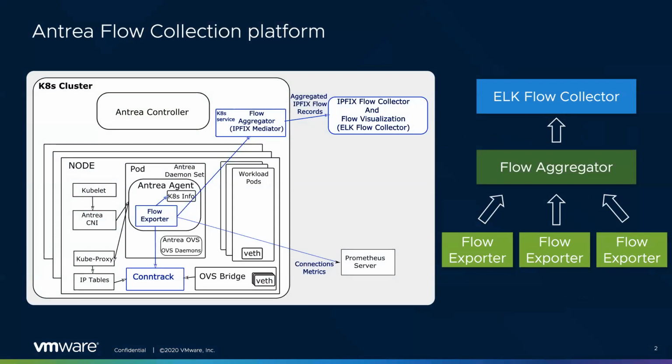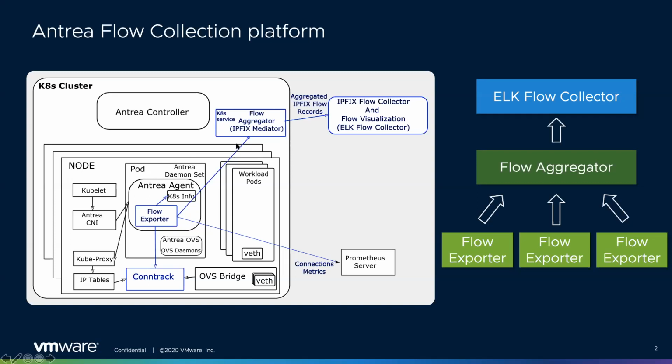In the past, we only supported the Flow Exporter feature in Antrea, which exports connections at the agent to an IPFIX flow collector as flow records. However, in this implementation, we will have two flow records, one from the source node and another from the destination node of the same given connection.